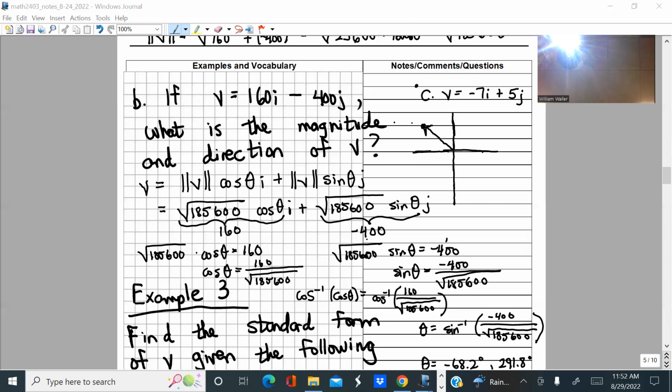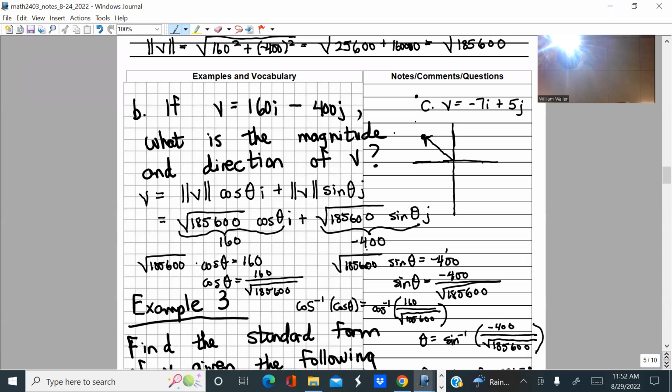This would be the point minus 7, 5, correct? And the direction of the vector is the angle formed with the positive side of the x-axis. This is the angle that the book usually calls theta.